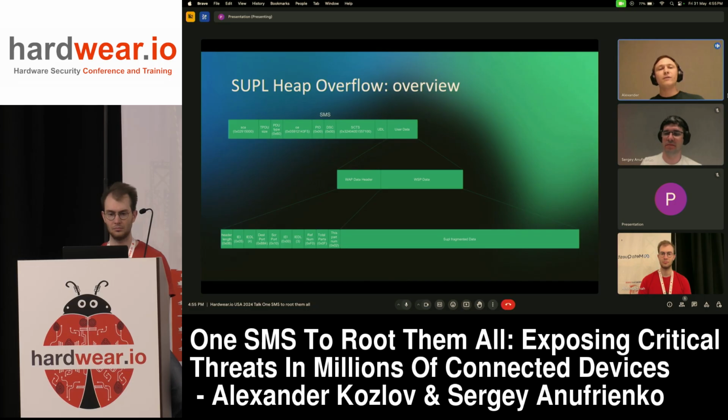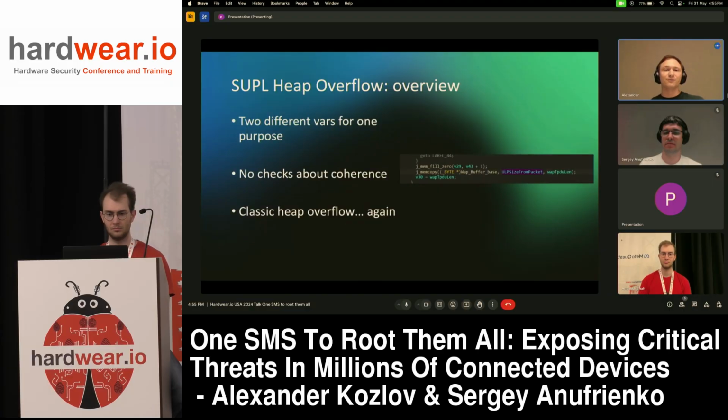During the analysis of the driver responsible for handling of ULP message fragmentation, we discovered a heap overflow vulnerability. Processing of WAP messages consists of copying of SUPL message fragments into a buffer whose size is equal to the size from the header of the first SUPL packet. But the WSP protocol has its own variable to store data size.